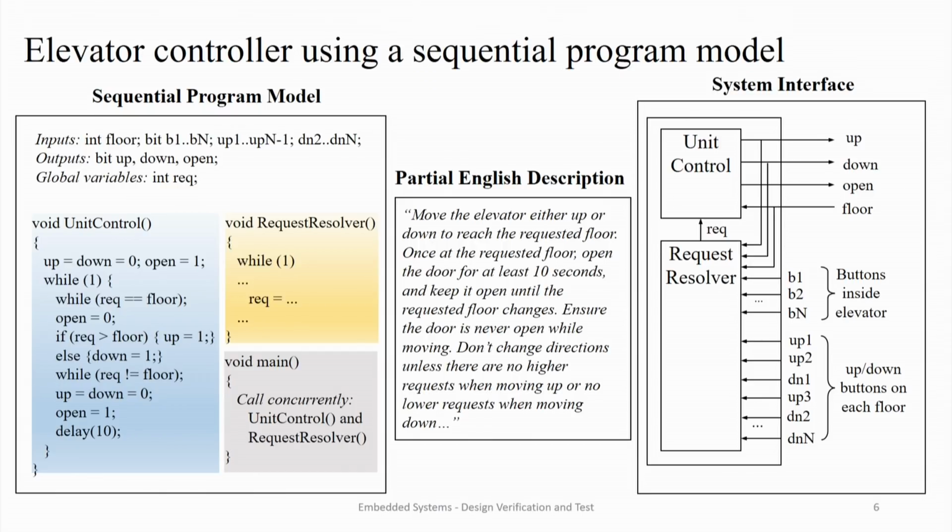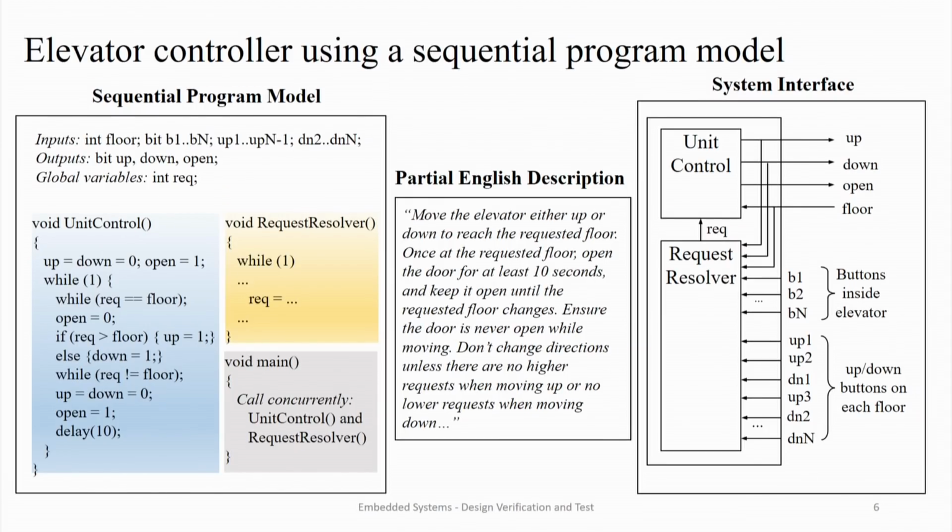Suppose we want to implement or specify the behavior of this elevator controller through a programming language such as C. Okay. If we do so, we have to first specify what the inputs, outputs and data variables associated with this controller are.